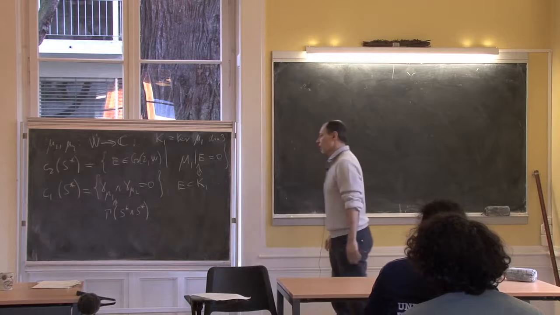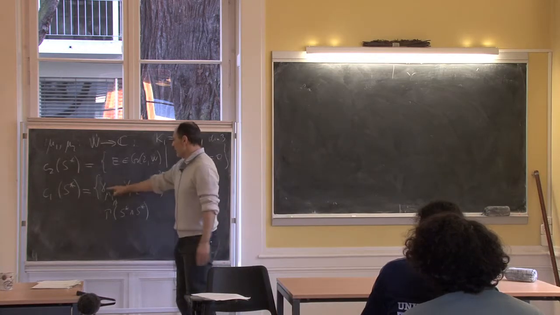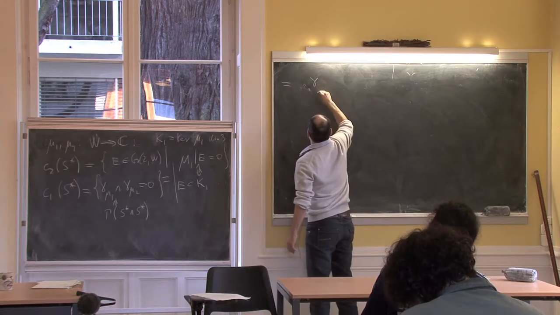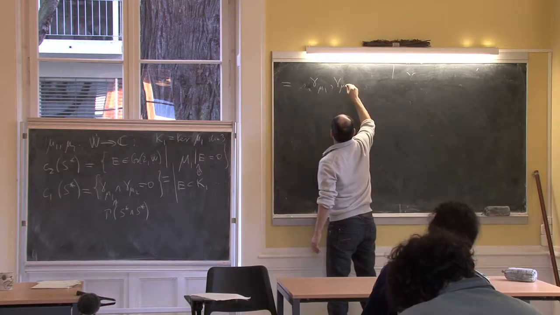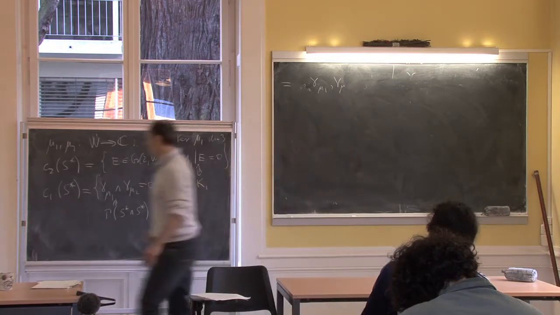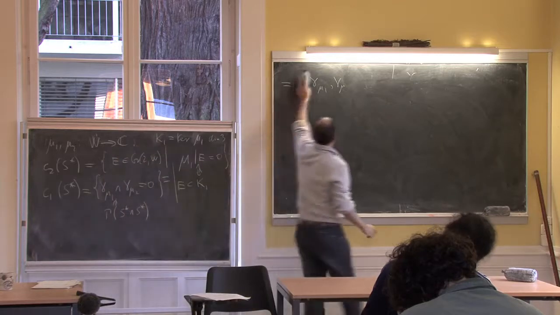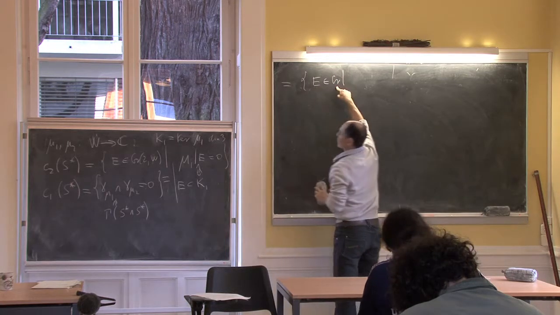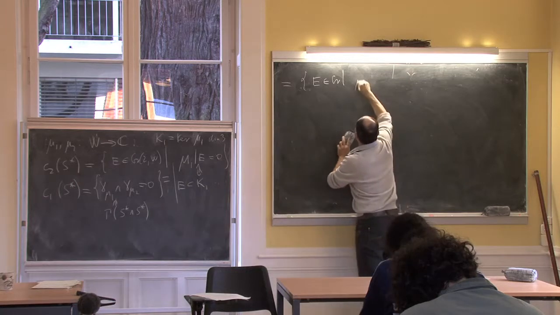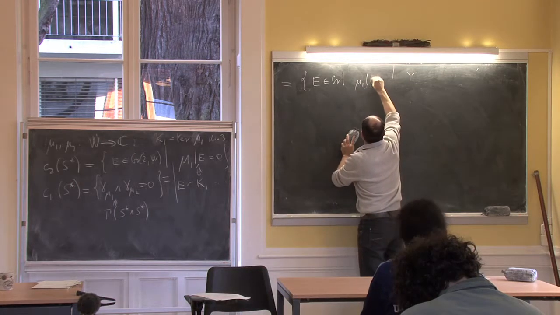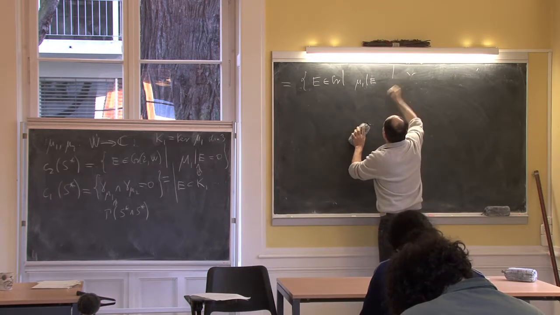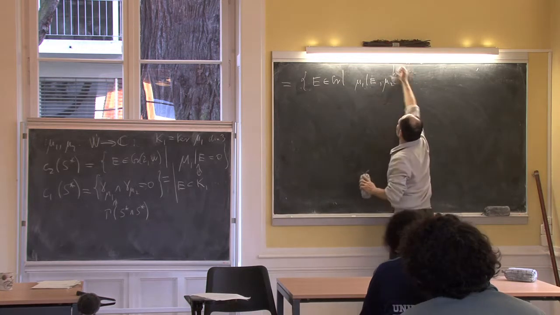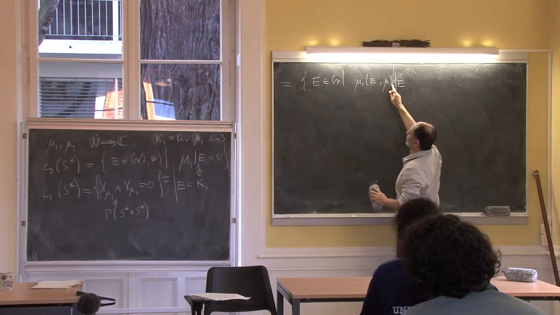If I want to continue this now, this is equal to, if I write it differently, the set of E's in the Grassmannian, remember these are two-dimensional planes, such that mu1 restricted on E and mu2 restricted on E. So this is now a two-dimensional subspace with two linear functionals on it.